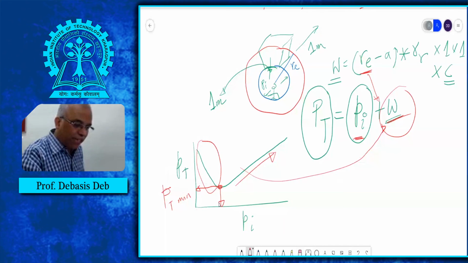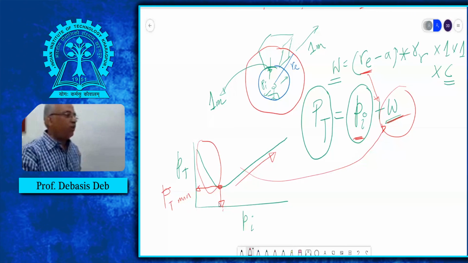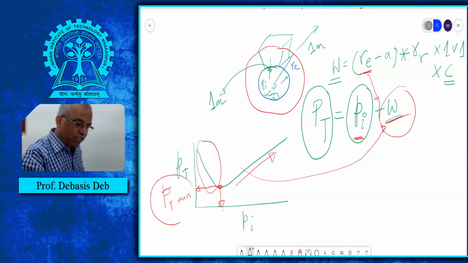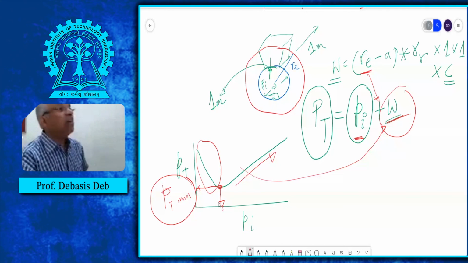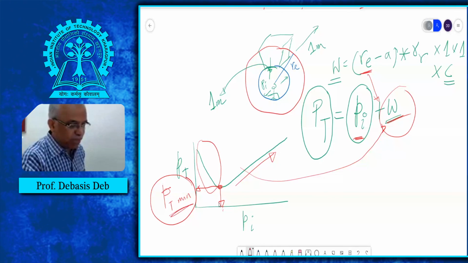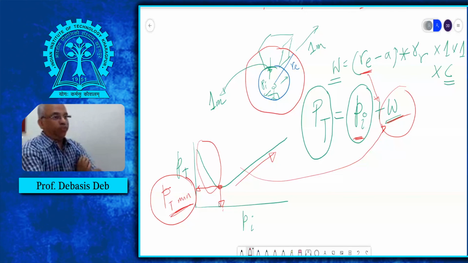And we look for that PI where the PT will be minimum. Then we suggest this is the minimum support pressure required considering the gravity. This is the minimum support pressure required considering the gravity also. Okay, not just the PI.